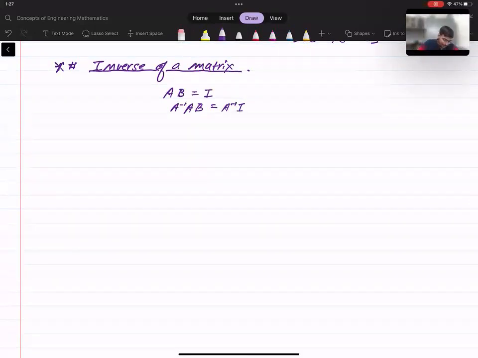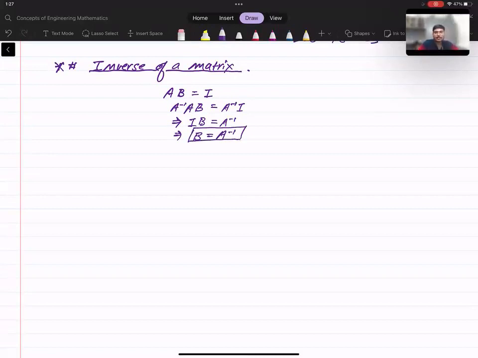So here this becomes IB, which is nothing but A inverse. So ultimately B is nothing but A inverse. Okay. So in this way, if any matrix is multiplied with its inverse, it results in the identity matrix. Okay. So A is getting inverted here.